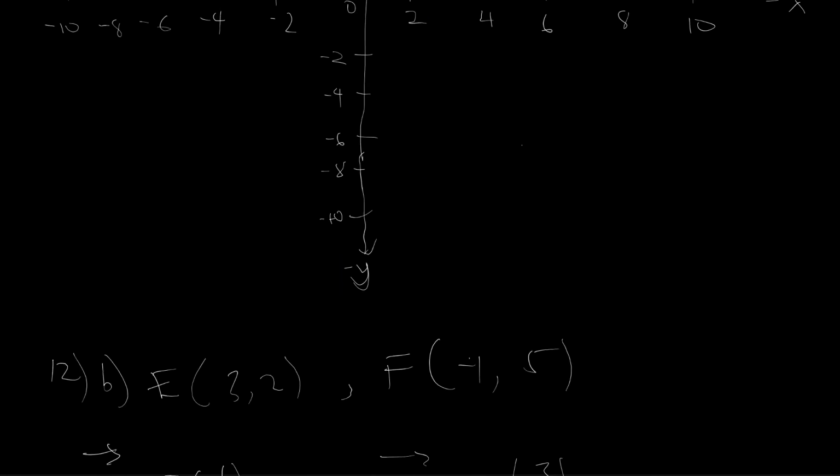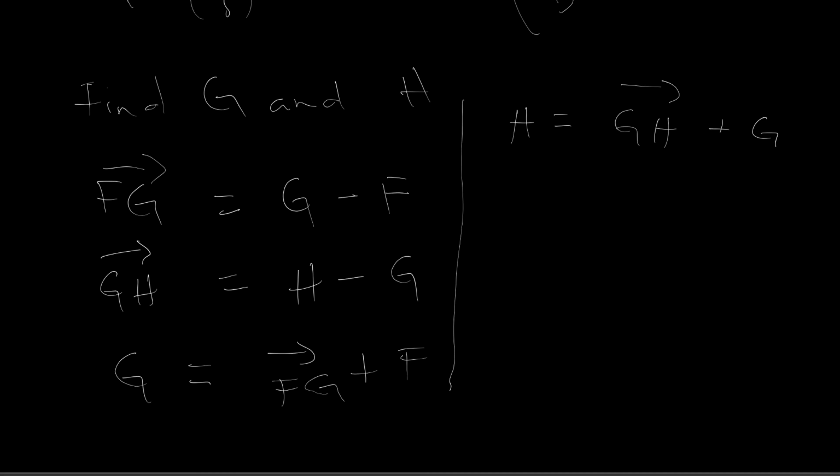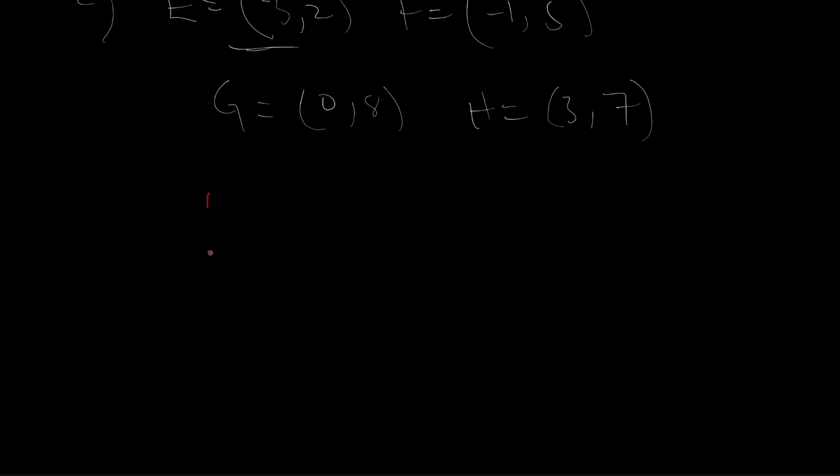So let's take E, which is (3, 2). For an anti-clockwise rotation of 90 degrees, our 2 moves here and our 3 goes up. So we will have (-2, 3) for our E1.